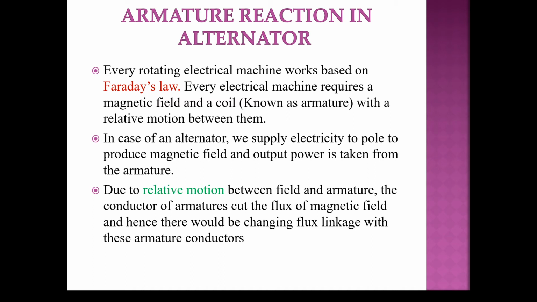Due to relative motion between the field and the armature, the conductors of the armature will cut the flux of the magnetic field, and there will be changing flux linkage with these armature conductors. We have seen the production of RMF in the previous classes.